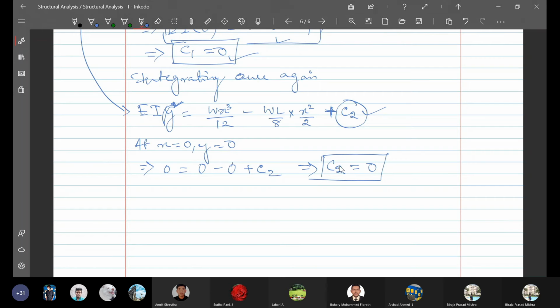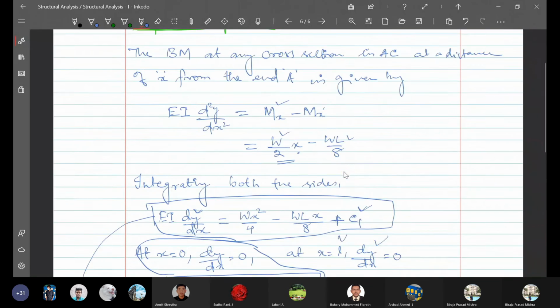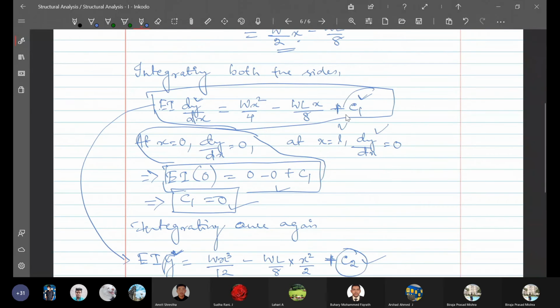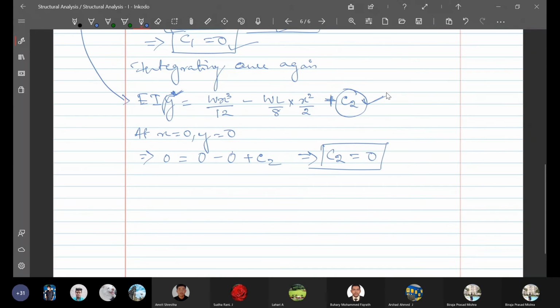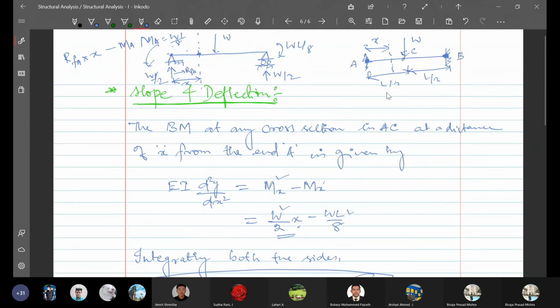Now, we have calculated the constant C1, and we have calculated the constant C2, and those came to be 0. Now, we don't know what is the maximum deflection at the center.